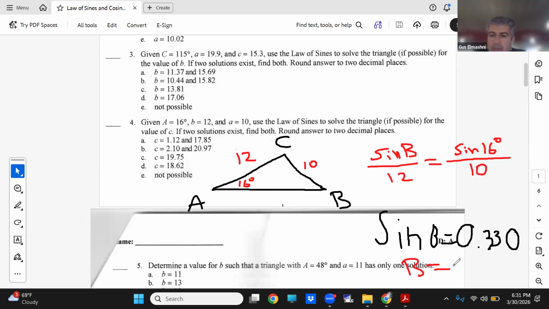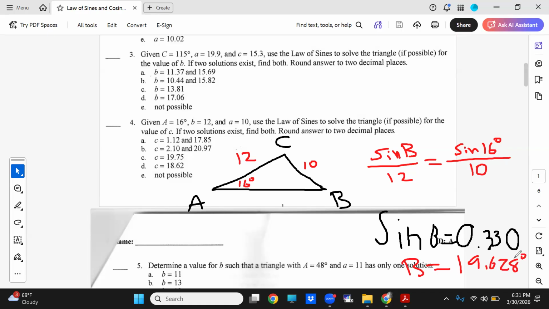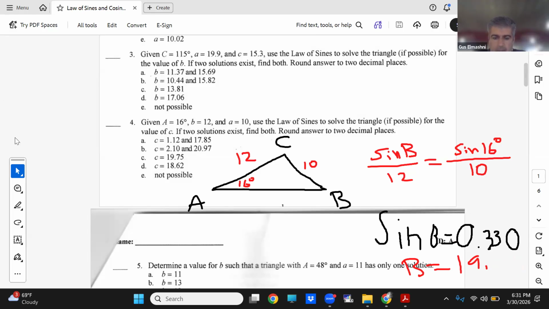Okay, so 19.628 degrees. Okay. Right, 268. Hold on. Let me do it. Give me a second. I actually got 19.315. I think you rounded a little too soon. That's okay.